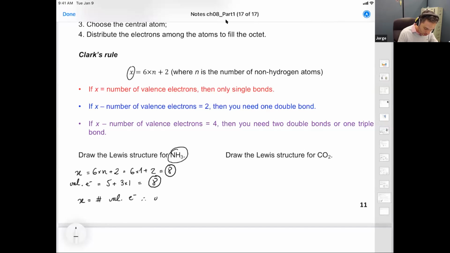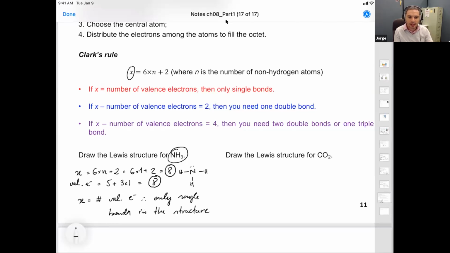Therefore, only single bonds in the structure. And we know that this is true because this is the structural formula of NH3, ammonia. We know that there are only single bonds.